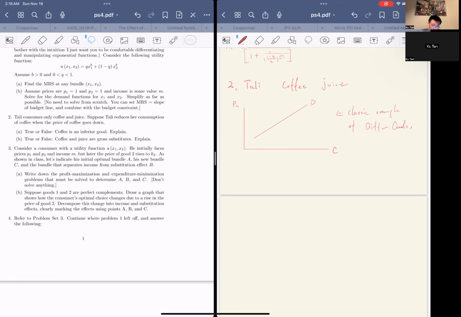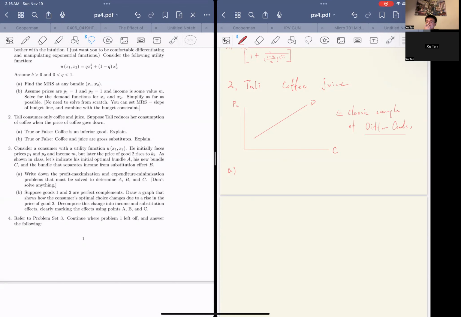Okay, so let's look at A, true or false. Coffee is an inferior good. Yes, it is. Oh no, what I'm trying to say is that coffee is a Giffen good, and Giffen goods are a subsection of inferior goods.